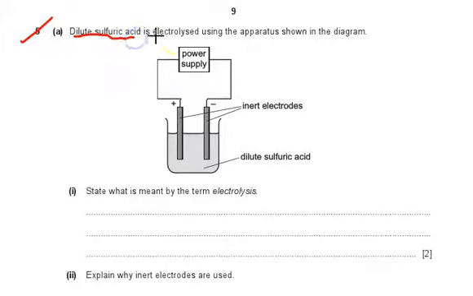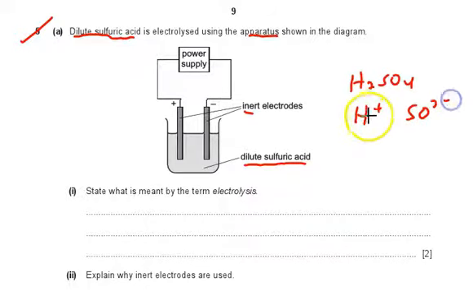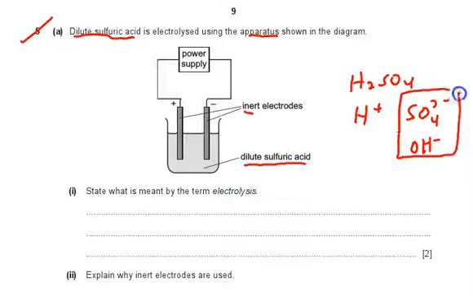Okay, now let us move to the next question. Dilute sulfuric acid is electrolyzed using the apparatus shown. So we have here inert means it's a carbon or platinum. So here we have a dilute sulfuric acid. So let us separate this. So what happens here? We have a hydrogen ion and also sulfate ion and hydrogen ion. So this is at the anode side, and here's at the cathode side.